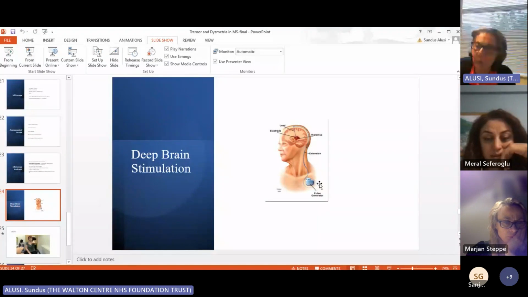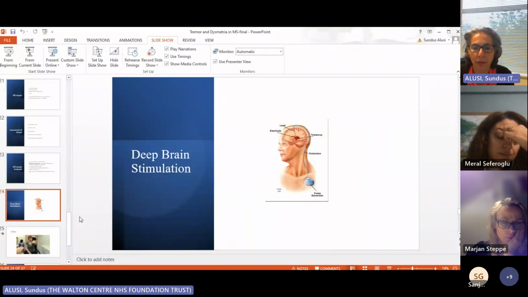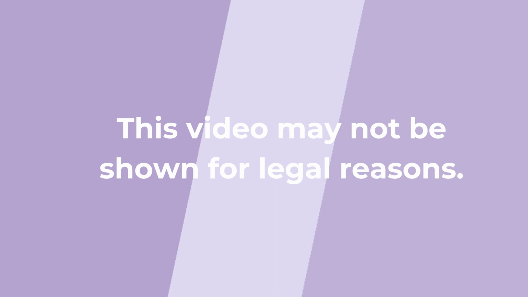It's called the implantable pulse generator, IPG. So the patient has this, and then we switch the device on, and then the stimulation will go to the thalamus, and essentially you inhibit the function of the thalamus as if you're lesioning it to try and get the tremor under control. Let me show you a patient.